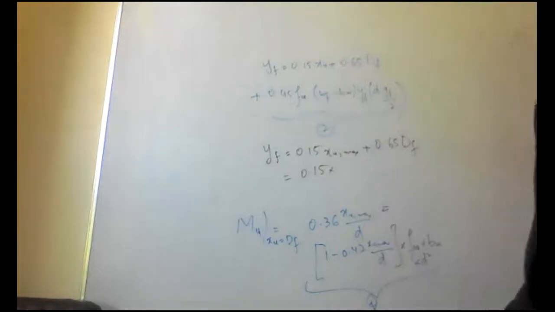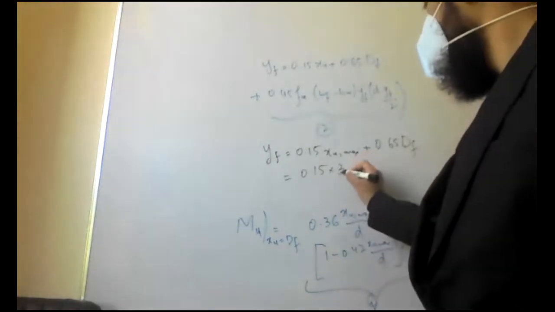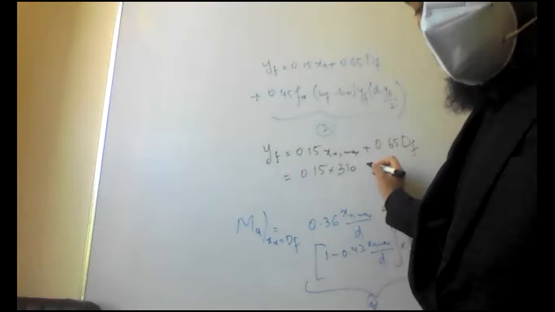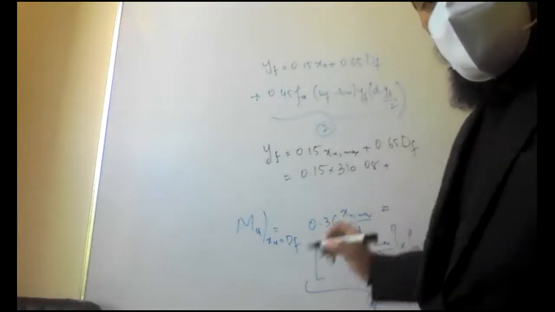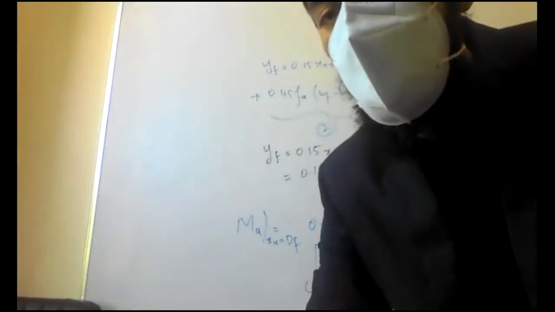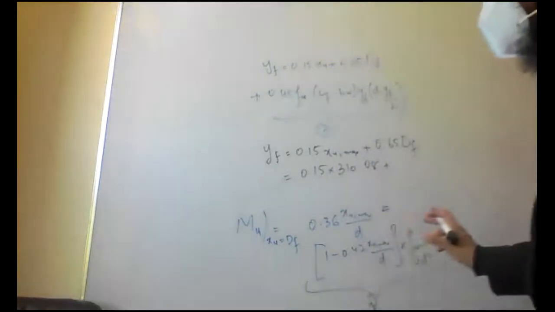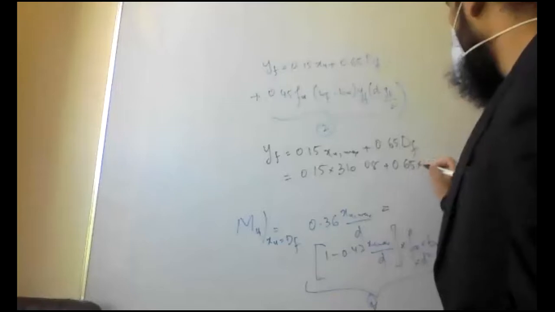So the value of xu max was how much? 310.08. Plus 0.65 into df was 100.